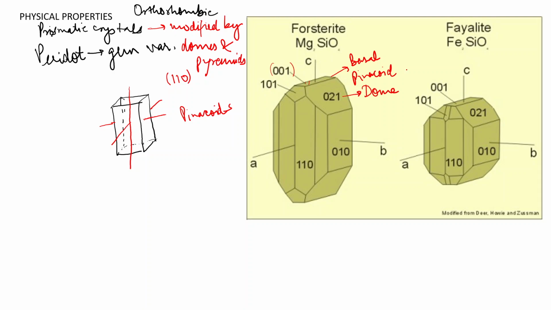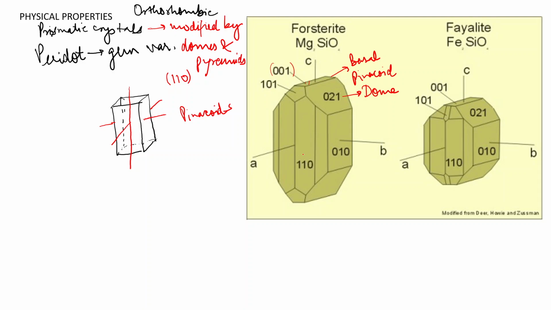How is the dome defined? In my previous lectures I have told that dome faces are just like prisms, open forms, but the c-axis will definitely be intersected and either a or b will run parallel. Now this face 010 is again a pinacoid, but it is the b pinacoid.